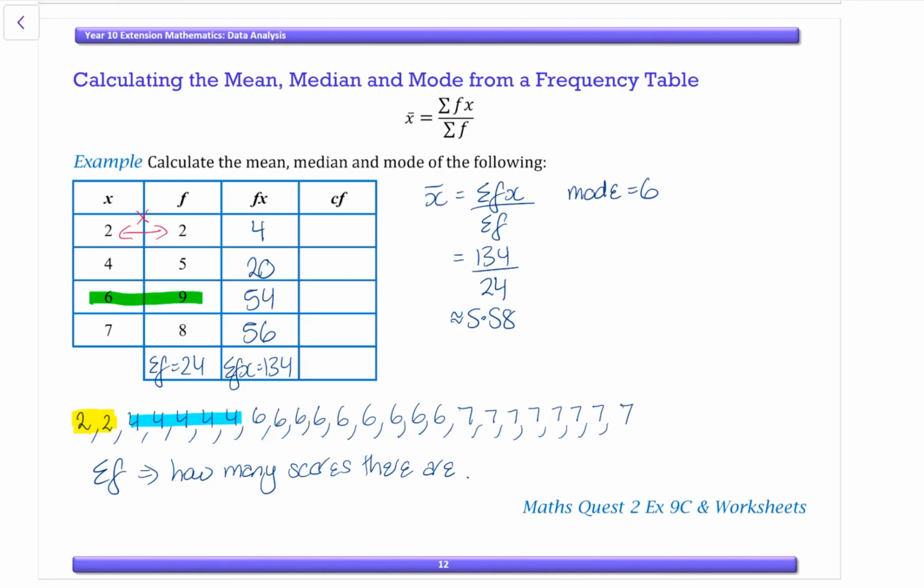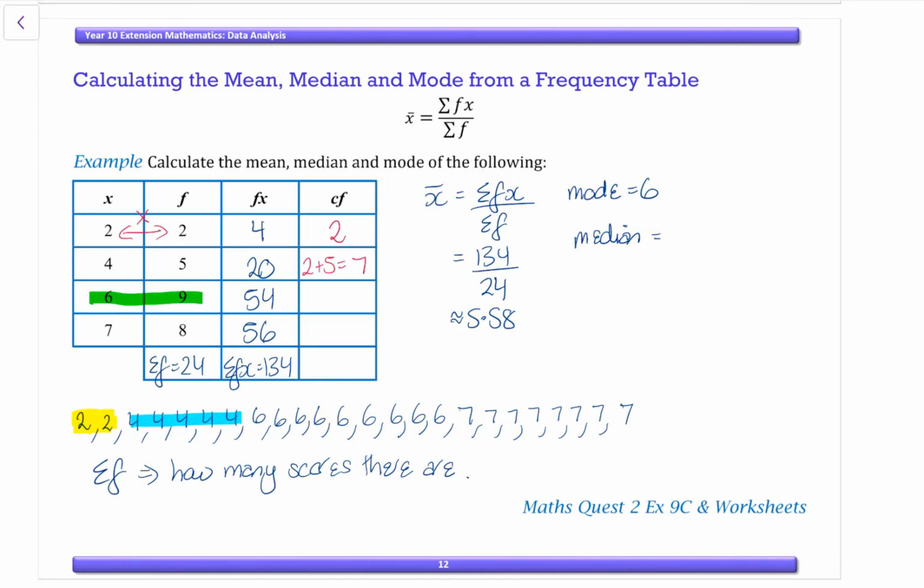Now for median, what can help you here is the cumulative frequency. What that means is how many scores we have after adding the next lot. If I look at the 2s, I have 2 of them. Now I'm going to add my 4s, so I have 2 plus 5, which is 7 scores.